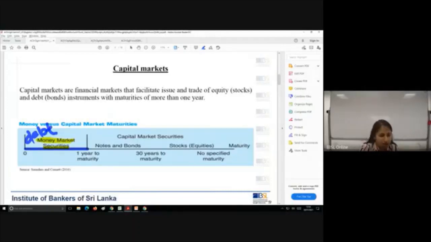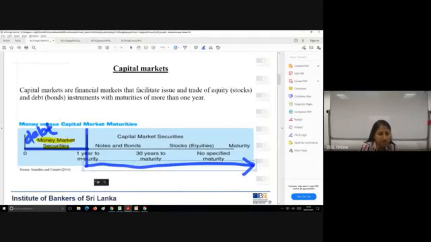But from there on, all what is left here is going to be your capital market. What do you mean? You have your more than 1 year instruments.